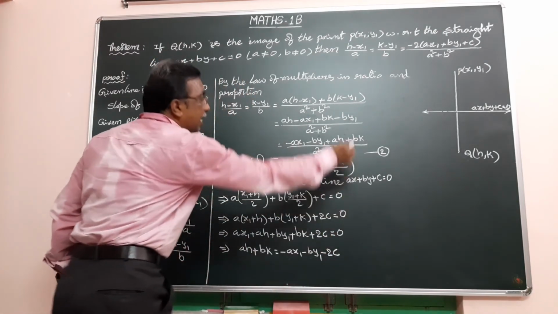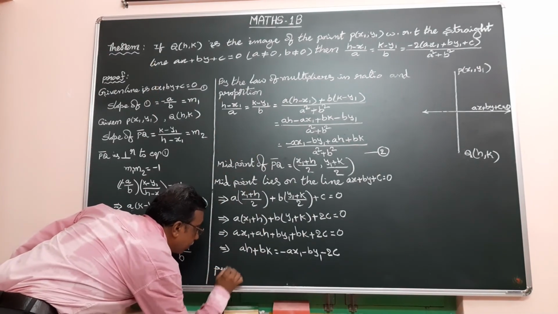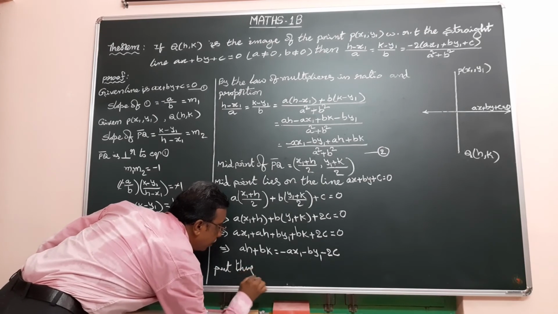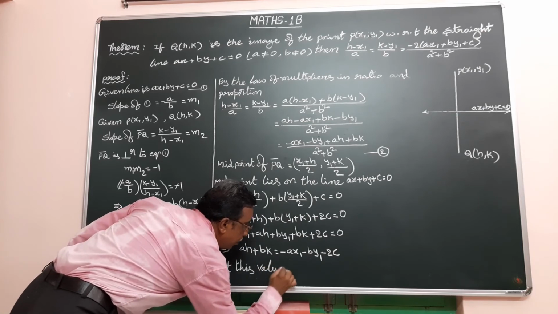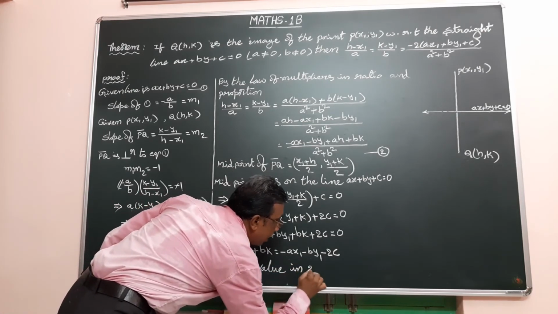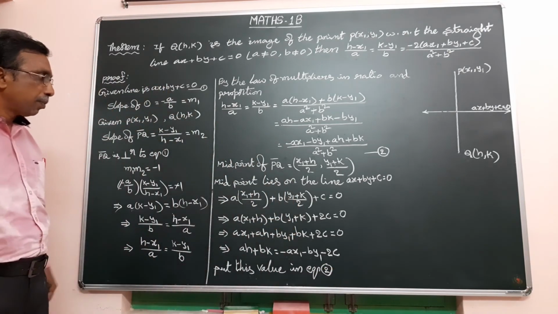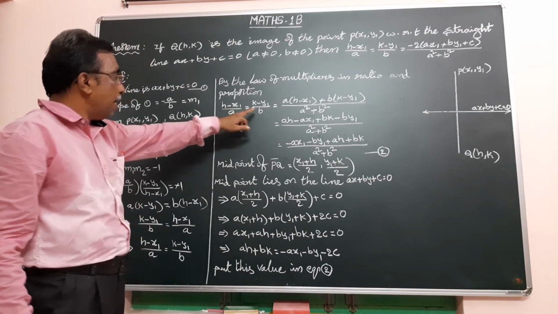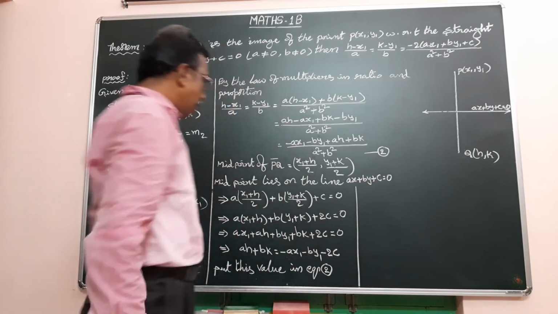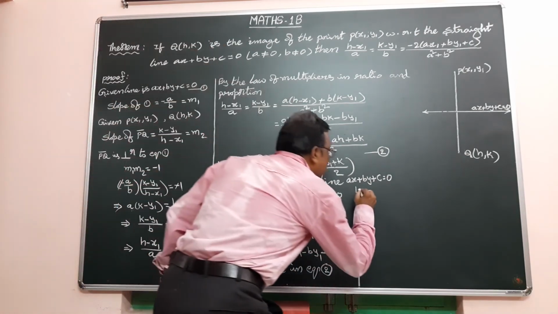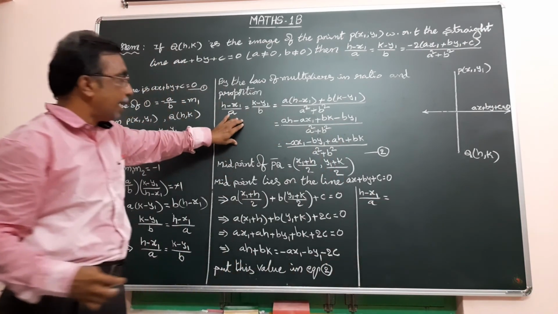Put this value in equation 2. What is the second equation? H minus x1 by a, this one. Substituting that, h minus x1 by a, this is the second equation.